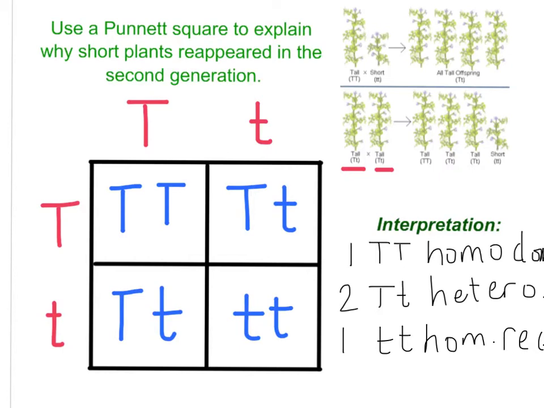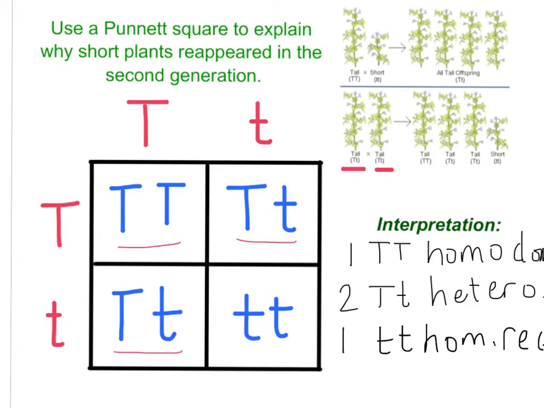So, in other words, one time out of four, for every one offspring out of four offspring, I am getting the homozygous dominant. One out of four times I'm getting homozygous recessive, and 50% of the time I'm getting heterozygous. What are the phenotypes here? I just listed the genotypes. When I look at the phenotypes, this offspring will be tall. This will be tall because the tall is dominant over the recessive.